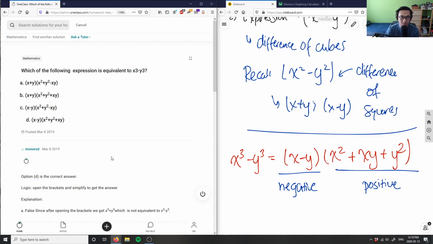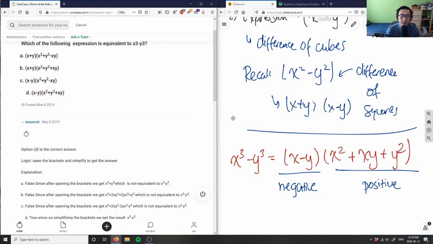So my solution here is correct. And you can actually go through and factor all of these out to figure out if each was equivalent to x cubed minus y cubed. I believe one of these should be a sum of cubes, and I think it's actually the first one. This guy, x plus y, and then x squared minus xy plus y squared, actually gives you a sum of cubes.